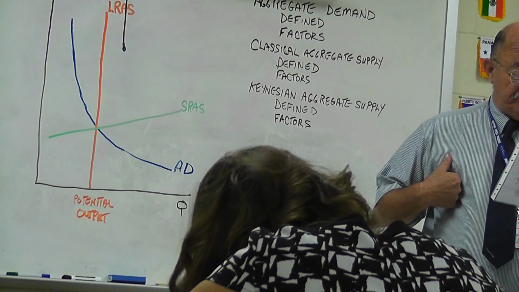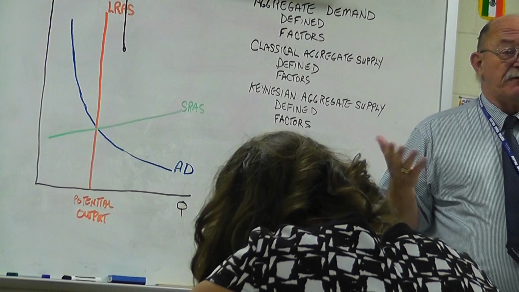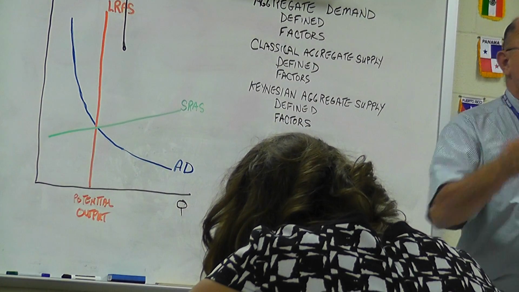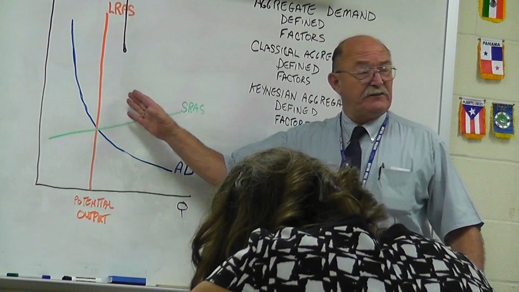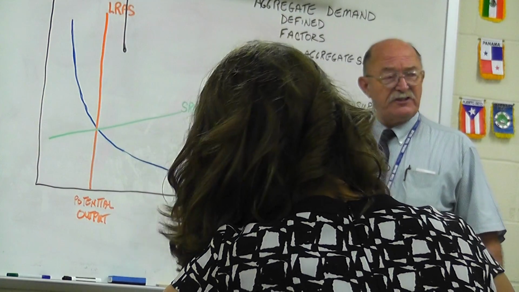Factors that will shift the long run supply curve: the size of the labor force. Obviously, if you increase the size of the labor force, then that's going to cause that curve to shift to the right. It may not be by very much, but it will shift to the right.